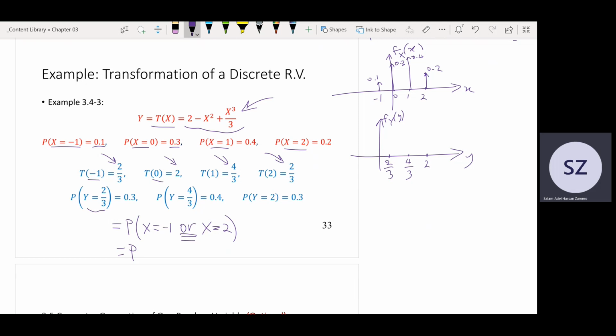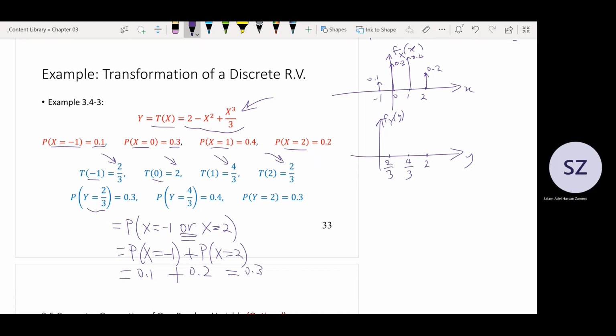They are mutually exclusive, and because of that, this is equal to the probability that X equals -1 plus the probability that X equals 2. X equals -1 was 0.1, plus 0.2, which is 0.3. So the probability that Y equals 2/3 is 0.3.